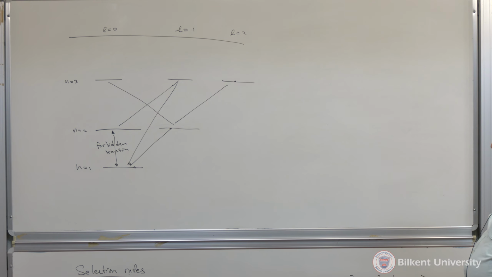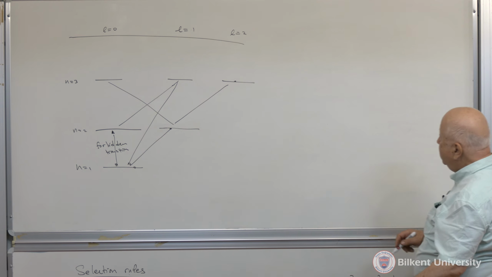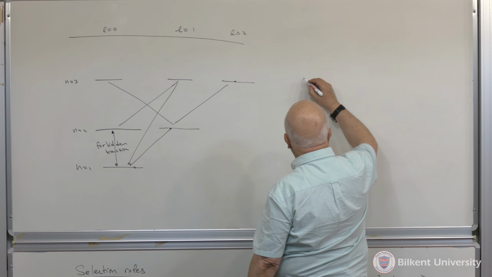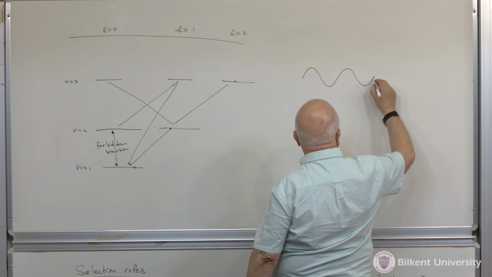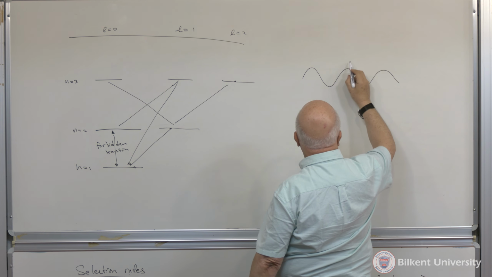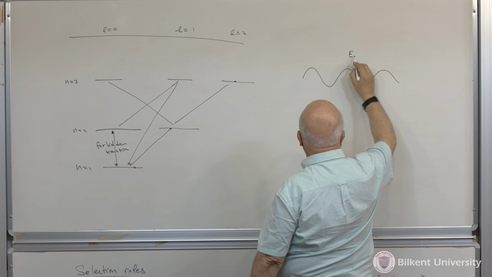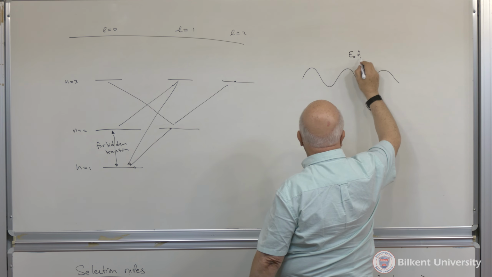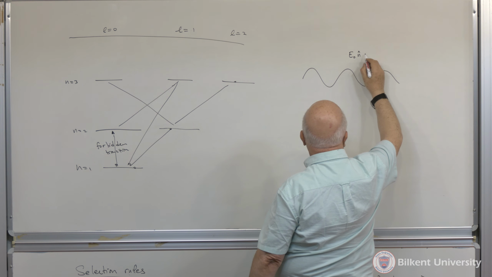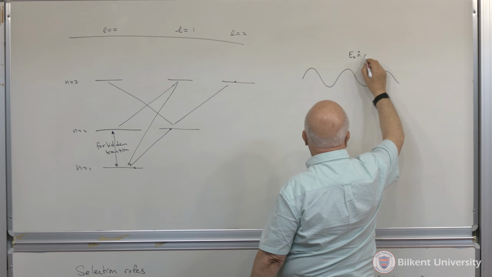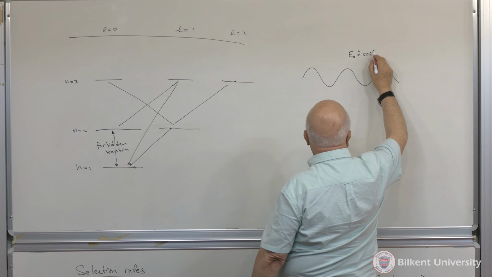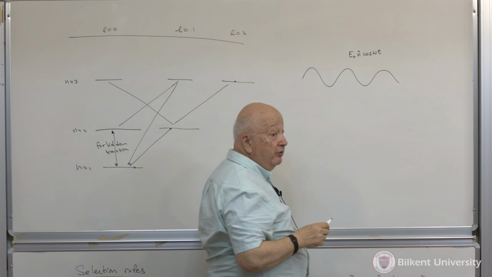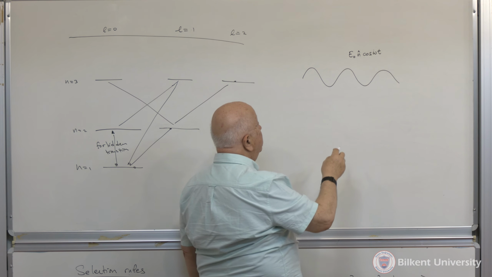But if you look at the forbidden transitions, if we go back to our picture of the electromagnetic wave and the atom, we had this electromagnetic wave, which we now said is polarized in some direction n, and we just used a cosine omega t type of behavior at any point.